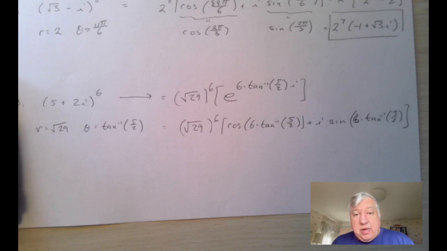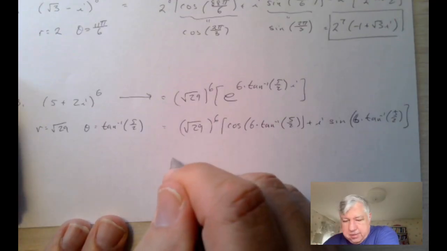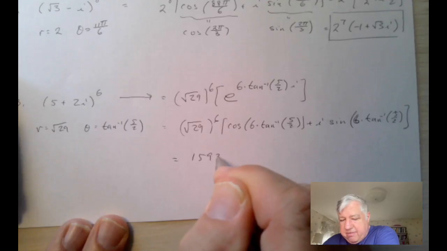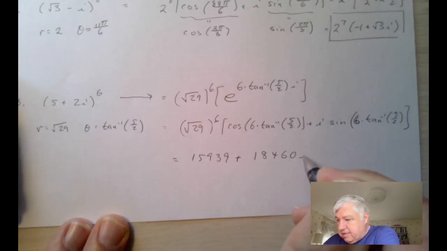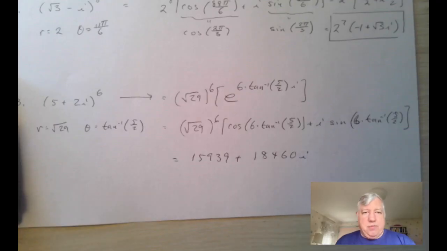But if you actually compute this in your calculator and take cosine of 6 times the inverse tangent, okay, and then go from there, then this does work out. And what this works out to is 15939 plus 18460 times I, okay, if you wanted to do that.